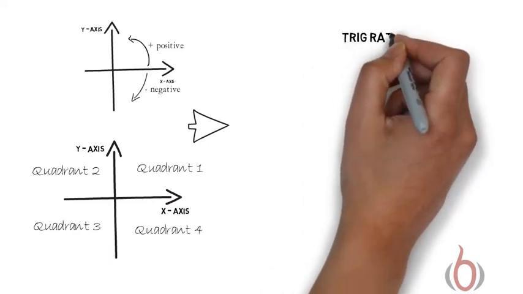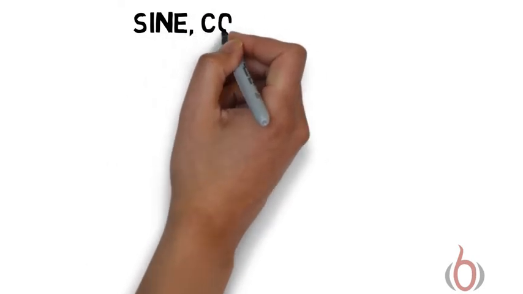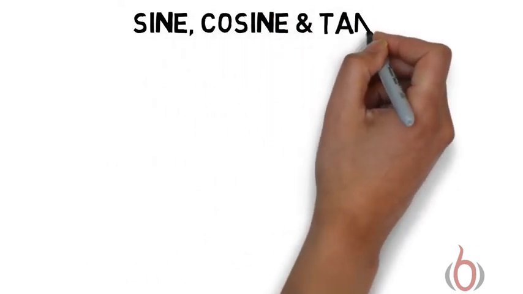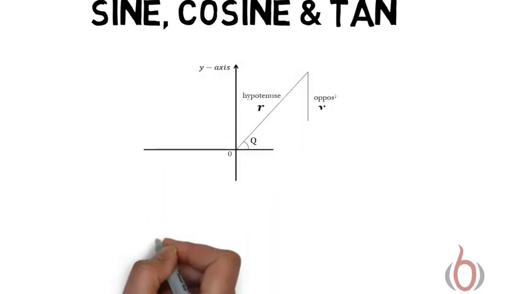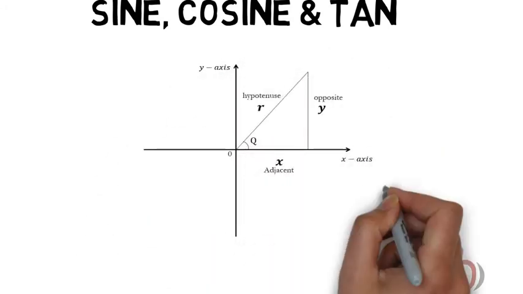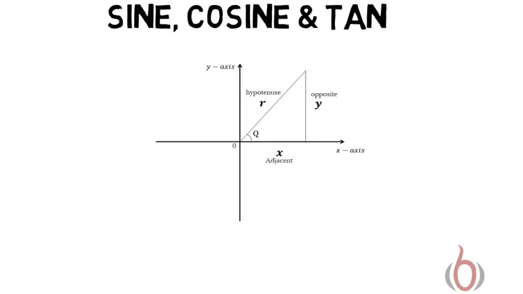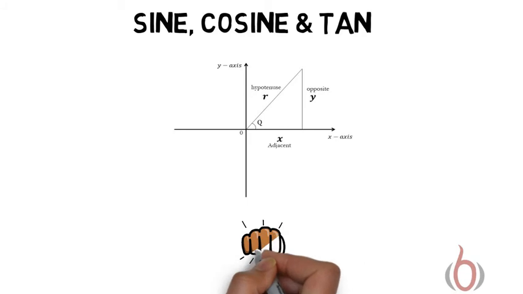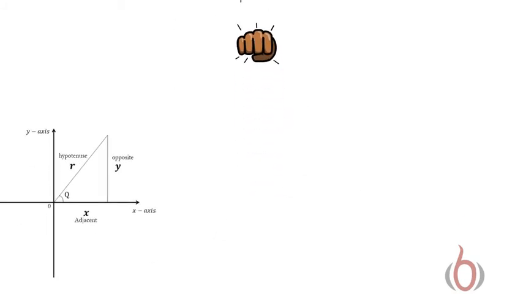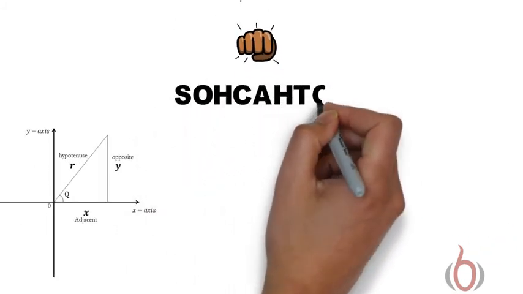Thus bringing us to trig ratios. To understand these, of course, you need to have done it in O level, or if not, you need to understand a triangle and its sides: the opposite, the hypotenuse, and the adjacent. There is a shorthand trick that can enable you to understand the trig ratios, which is SOHCAHTOA.